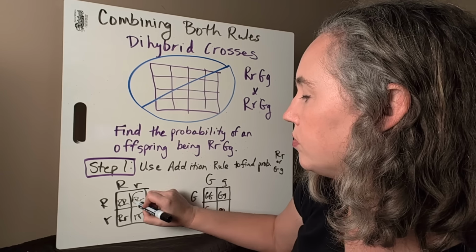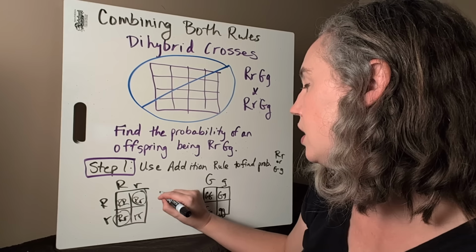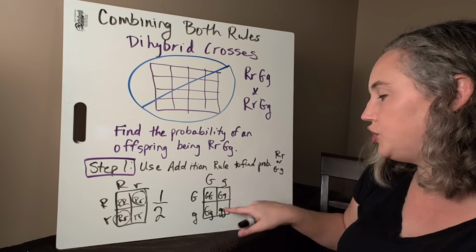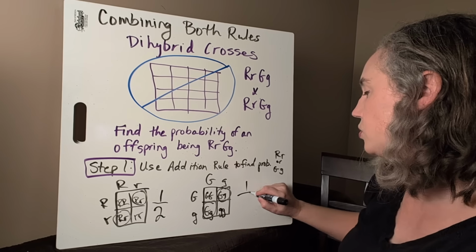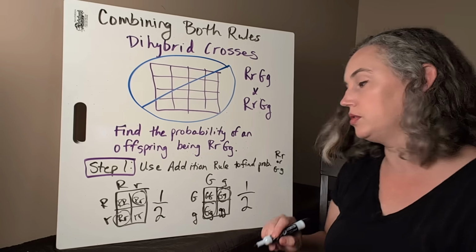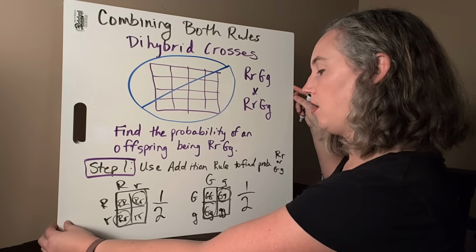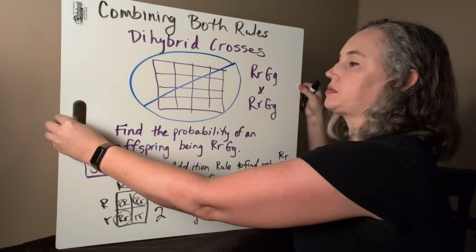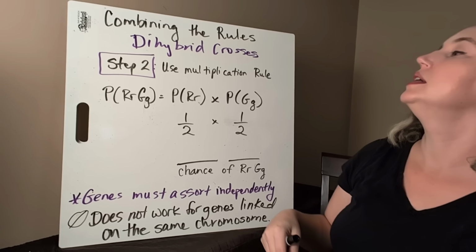So we have a 1/4 plus 1/4, just like our previous thing. That's 1/2 here. And then in G, we have 1/4 plus 1/4 is 1/2, or 2/4, right? So those are our probabilities of each individual event happening, or each gene combination occurring.